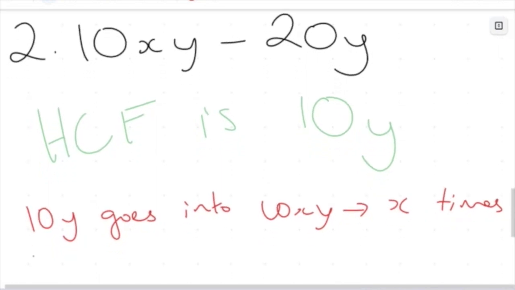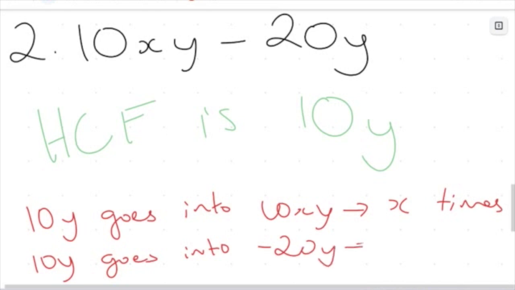And now I want to find out how many times 10y goes into negative 20y. Okay, well, I have a y, so these are going to cancel out. So I only need to find out now, well, how many times does 10 go into negative 20?